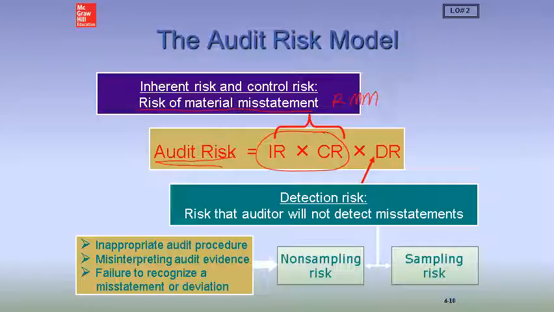Now, all the examples that I just gave you there related to raising the inherent risk. Some accounts could have a lower inherent risk. For example, I've mentioned that I've been on the audit of the consolidated financial statements for the federal government with my agency, the Government Accountability Office.